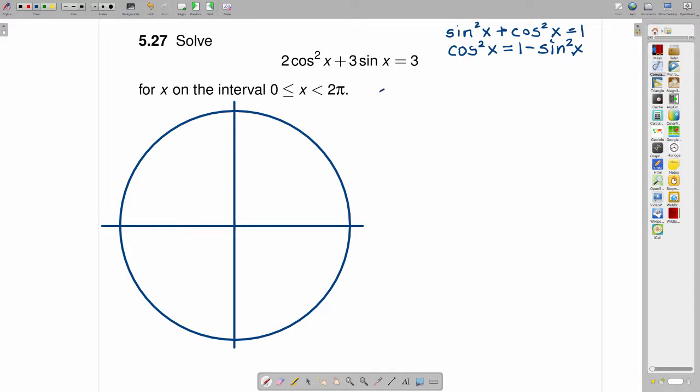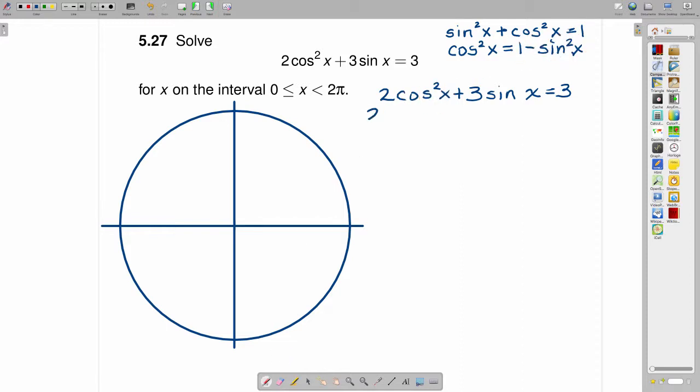So starting with our original equation, which is 2 times the cosine squared x plus 3 times the sine of x is equal to 3, I will replace cosine squared x with this quantity right here.